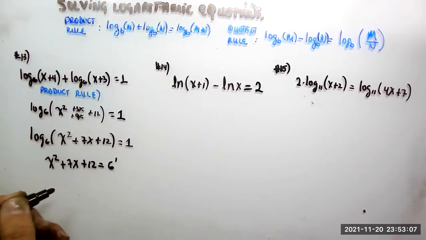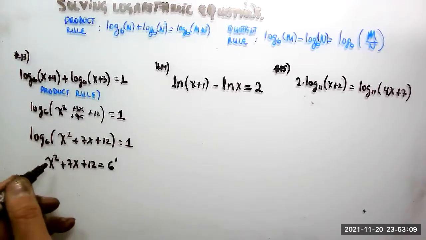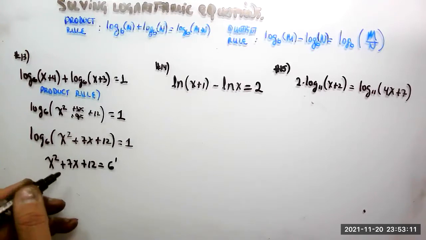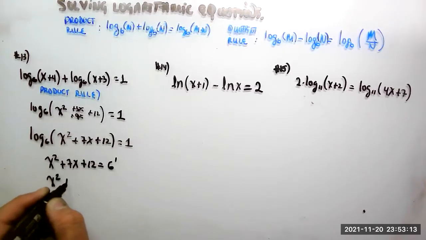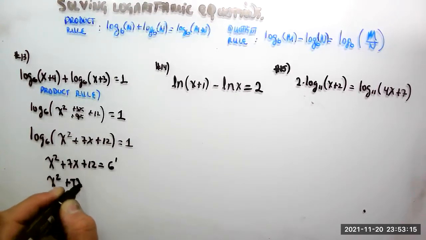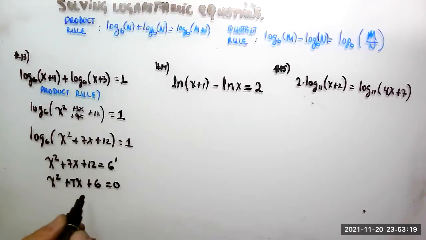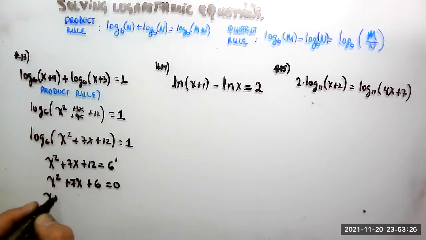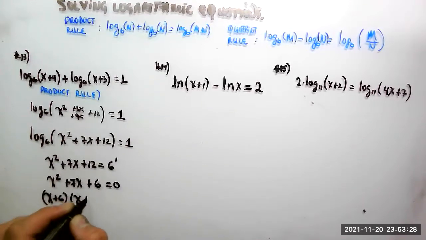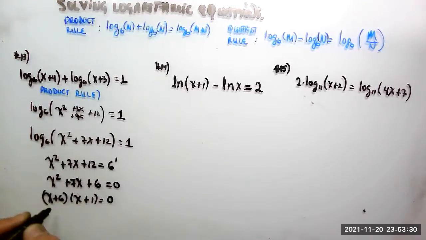When we solve quadratic equations, we equal it to 0. So x squared plus 7x plus 12 minus 6 equals 0. Factors of 6 that give me 7: we add them, 6 and 1. So (x + 6)(x + 1) equals 0.